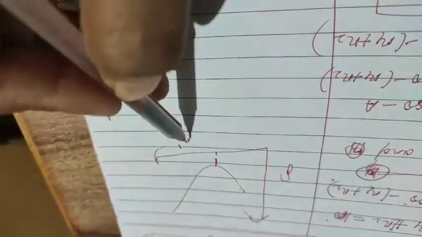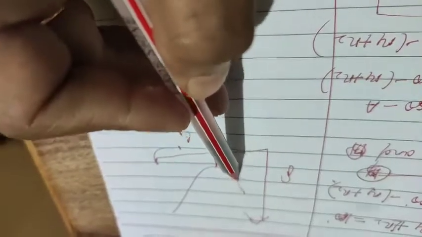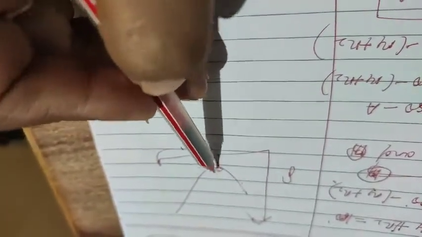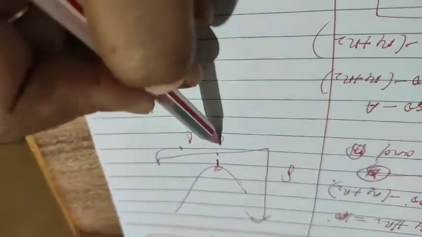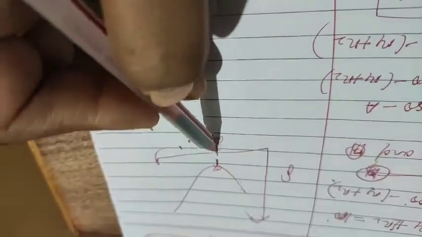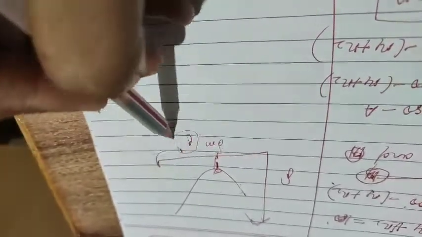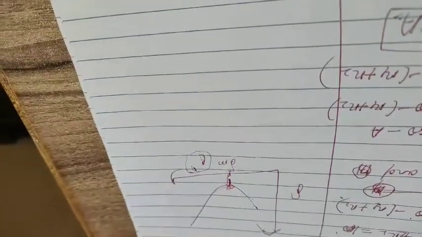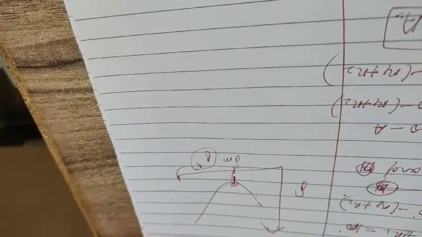What does it mean? First, with the increase of angle of incidence, the deviation decreases, but after you get the minimum deviation, this is the situation of minimum deviation. If you increase the angle of incidence further, the deviation will increase. That's why I have told you this is an important concept. Clear?